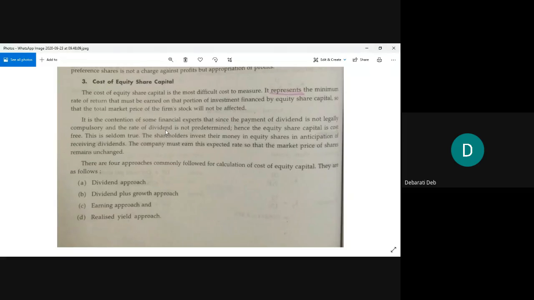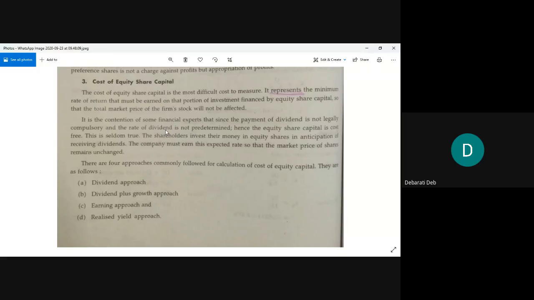What is it? The cost of equity share capital is the most difficult cost to measure. It represents the minimum rate of return that must be earned on that portion of investment financed by equity share capital so that the total market price of the firm's stock will not be affected. So whatever minimum rate of return has to be earned on the proportion of the investment financed by equity share capital.